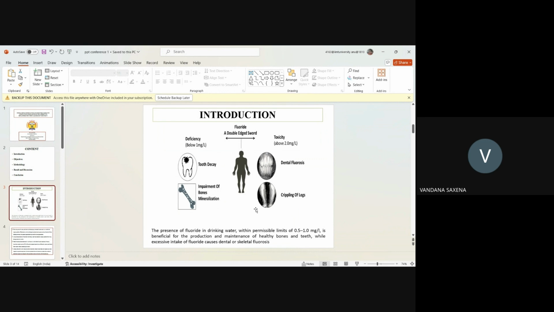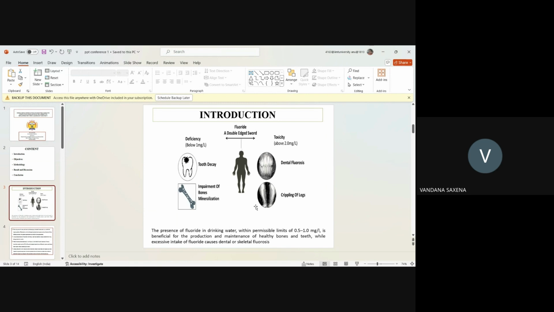In drinking water, there was a time when fluoride was not considered toxic, but it is required to maintain our healthy bones and teeth as well. In fact, its deficiency causes tooth decay and impairment in bone mineralization in growing children.